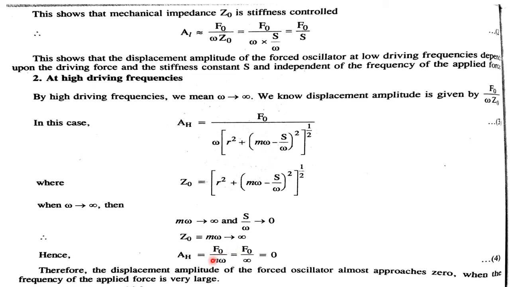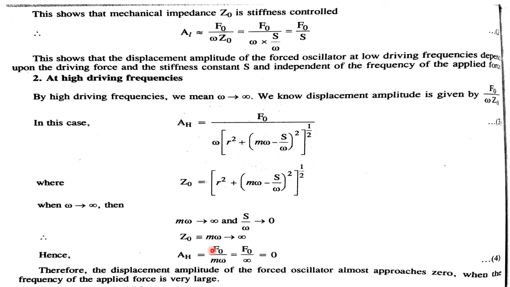That means your value of amplitude is nothing but f naught upon m omega, which is equal to f naught upon infinity. What is m omega? m omega is nothing but the infinite value. Something divided by infinity always gives you 0. What does it mean? That means amplitude is equal to 0.